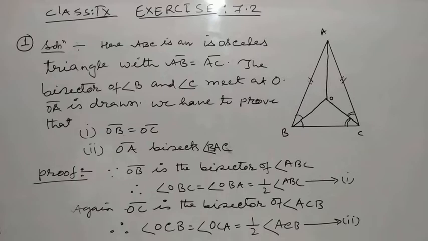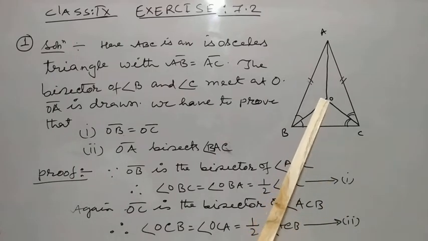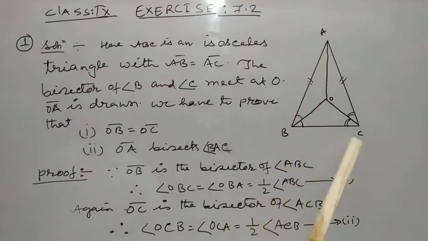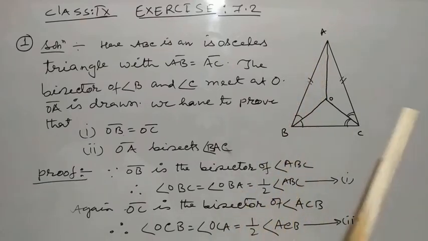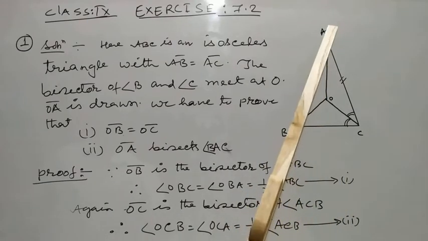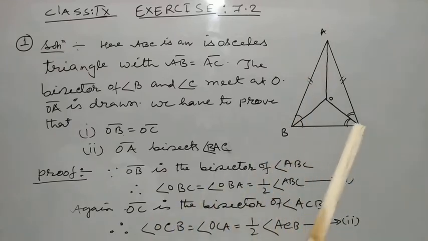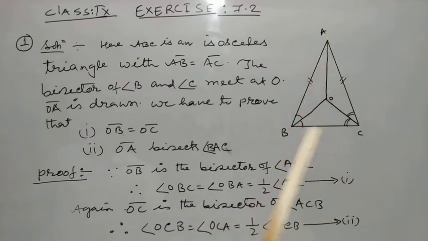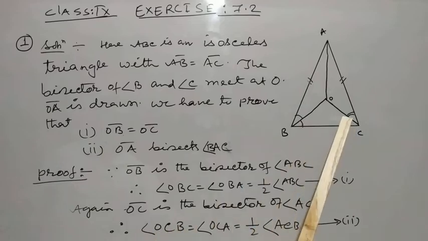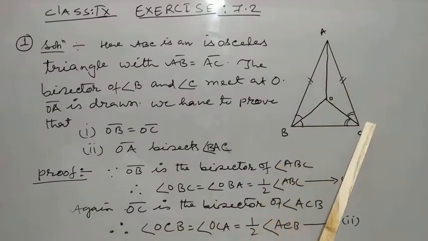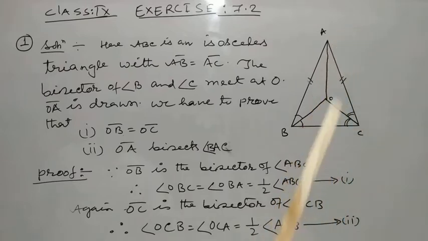So here we have seen OB is the bisector of angle ABC, therefore angle OBC equal to angle OBA equal to half angle ABC. Both of these two will be half of this total angle. Similarly, OC is the bisector of angle ACB. Therefore, angle OCB equal to angle OCA, and that will be equal to half angle ACB.